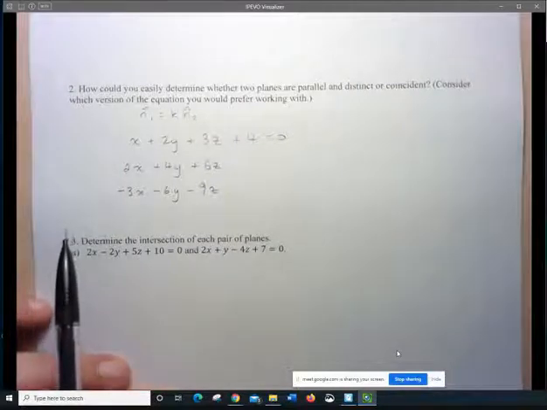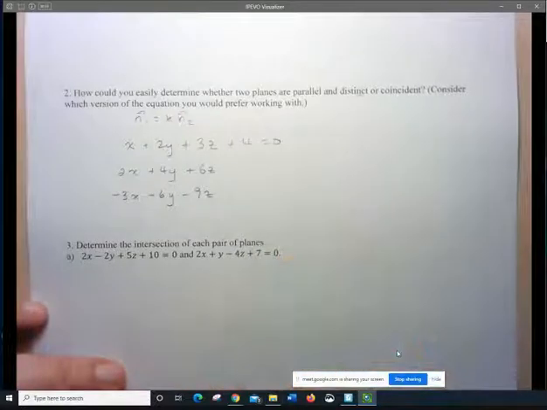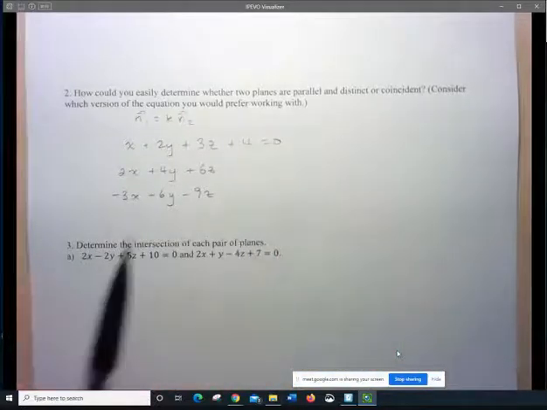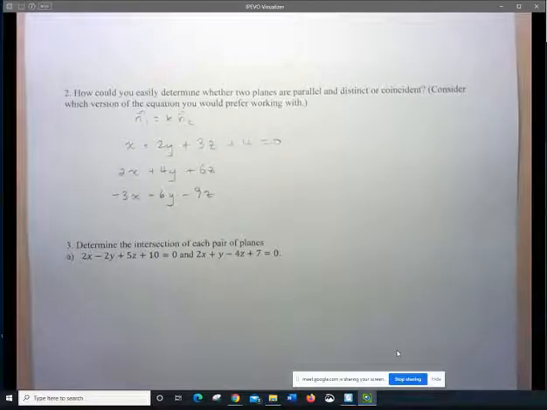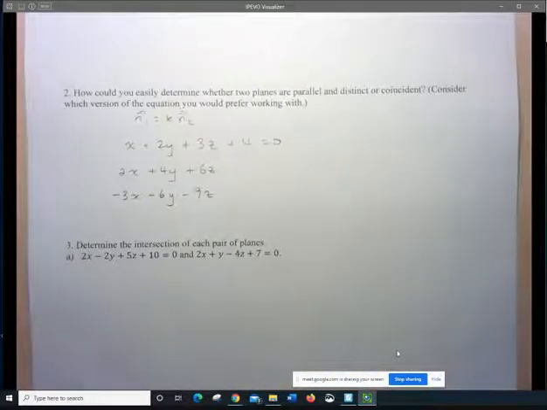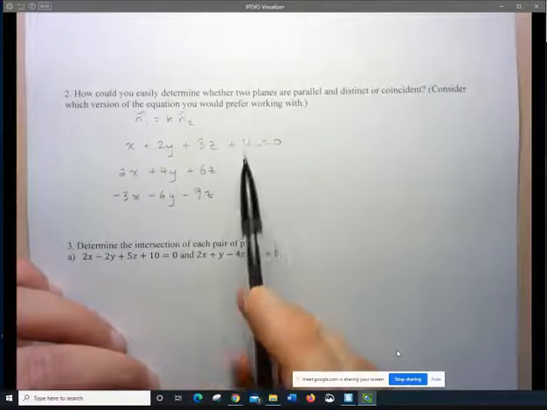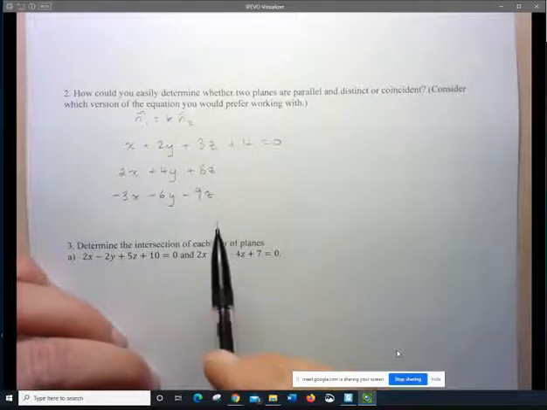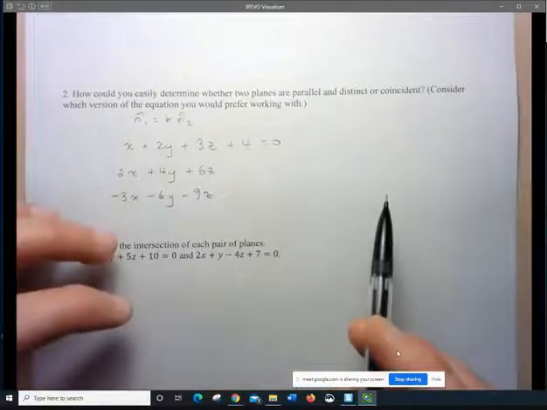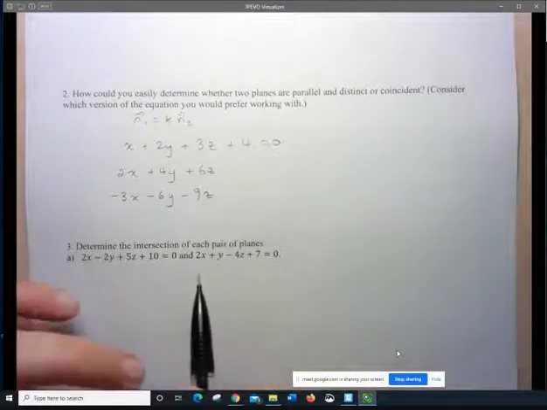So what's going to determine whether they're parallel and distinct or whether they're coincident? Who can tell me what's going to help us determine the distinction between these two scenarios? It's going to be the d value, okay? And that was the nice thing about the Cartesian equation of a plane, that any two people finding it via any two methods should in the end be able to write it as the same equation.